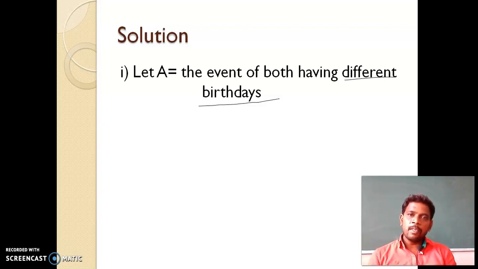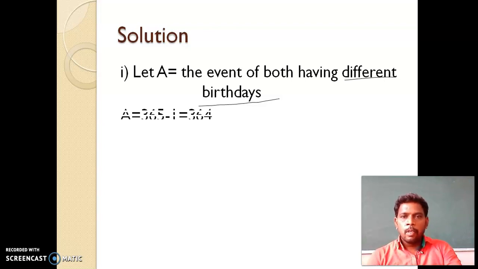For example, if June 21 is the birthday of the first person, what about the birthday of the next person? That is definitely different from the first case. So the remaining days are nothing but 364, and out of 364, definitely one day is the birthday of the other person.